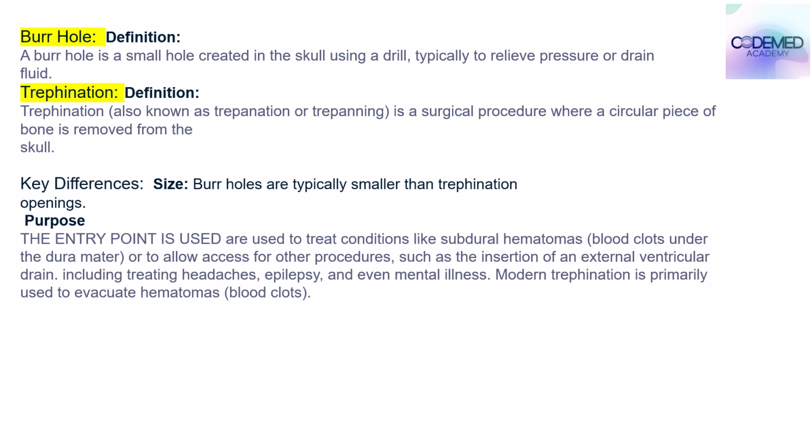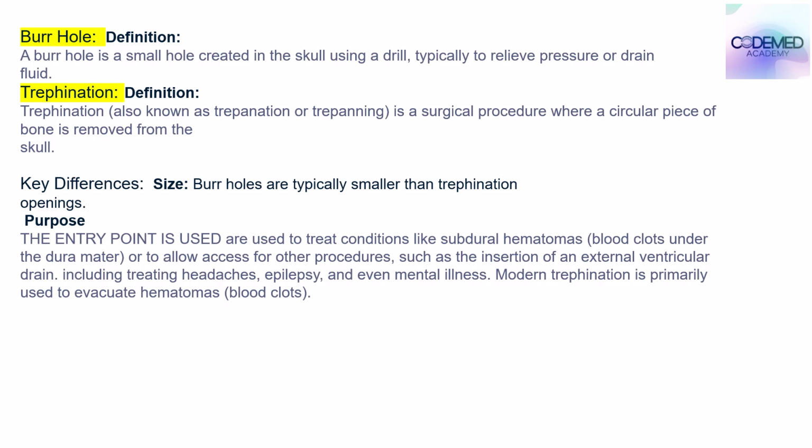And trephination is also a surgical procedure where a circular piece of bone is removed from the skull. So the only difference between these two is that in a burr hole, the hole is very small and you are not removing anything. You are just drilling the hole into the skull, and trephination is removing the circular piece of the bone.